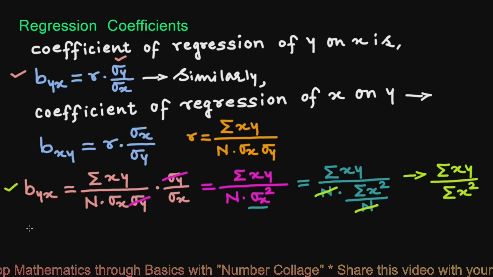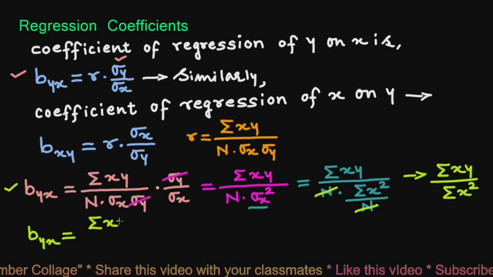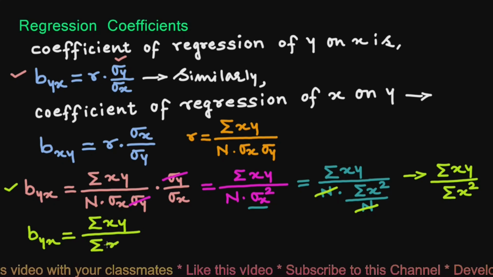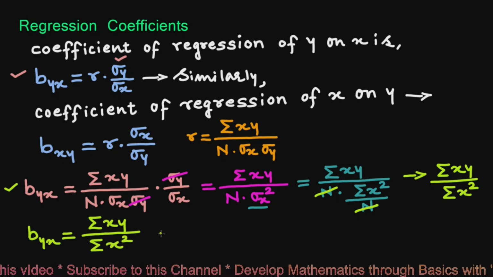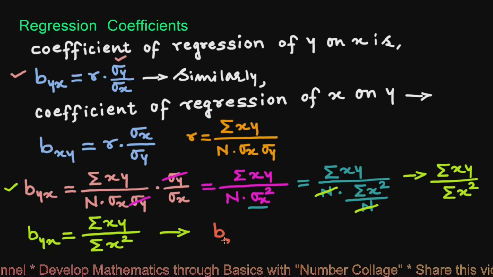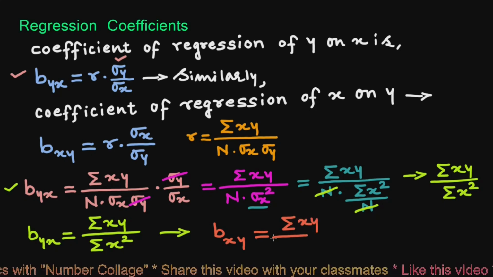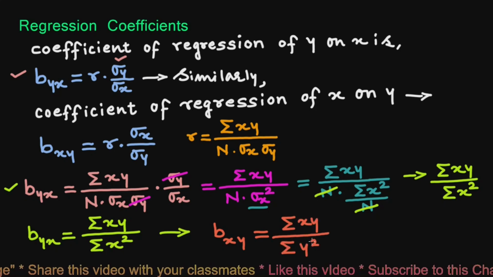So we write byx equals summation xy upon summation x square, and on the same lines we write coefficient of regression of x on y as summation xy upon summation y square.